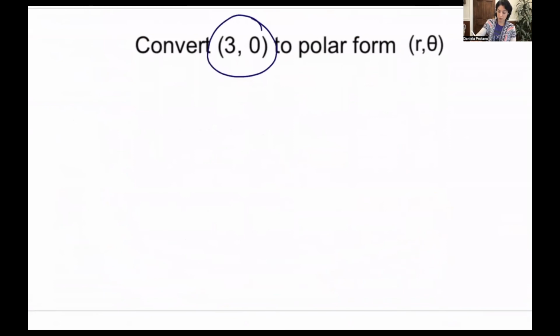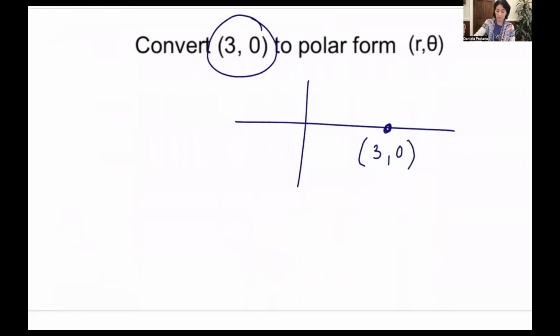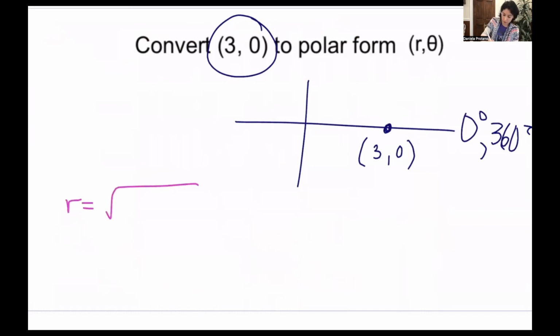So let's do one more axis situation, right? (3, 0) is over here. And we know that this would be 0 degrees or, right, 360 degrees. So could you write the 0 or 360 for theta? Absolutely. Okay, so we just have to figure out the r, which is x squared, so 3 squared is 9, plus the 0 squared, which is 0, the square root of 9, so the radius would be 3.